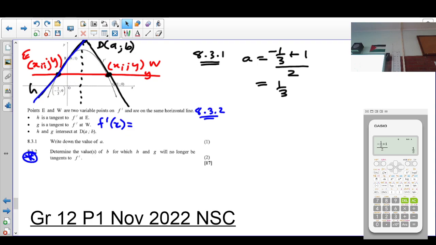However, considering what they are saying here, that E and W are variable points, which means to say E and W can move. Not so? But if I move this graph up, E will lie here. Can you see that? Which means to say that this tangent will also go up, which will lie there. Can you see that, people? We will move down. Of course, the tangent. This graph will be steeper, but still be a tangent at wherever E lies.